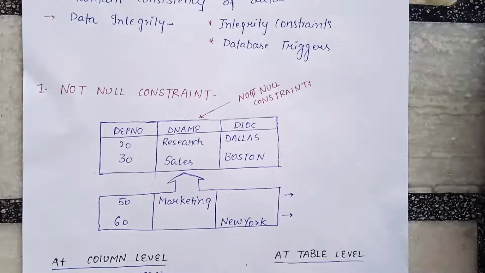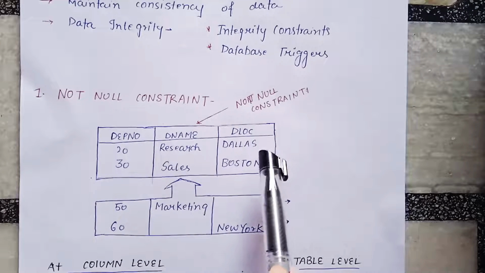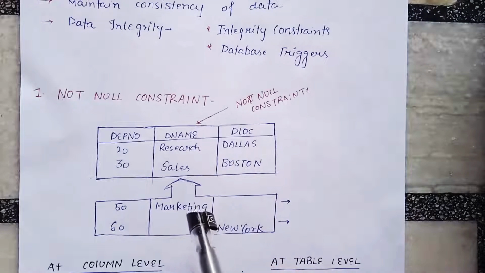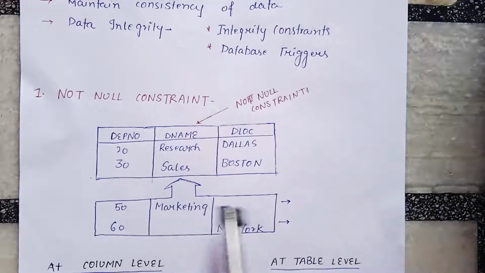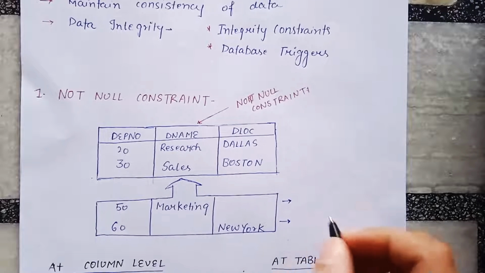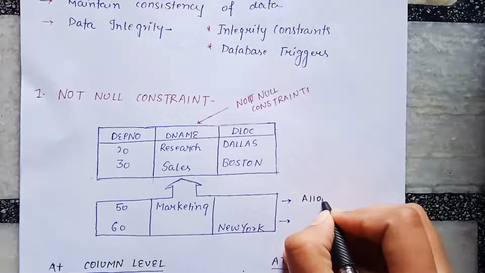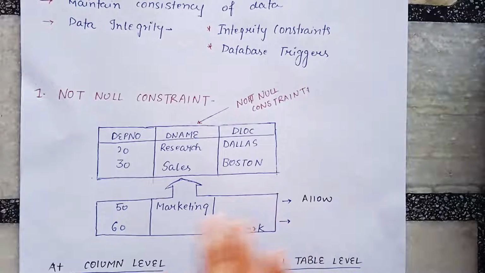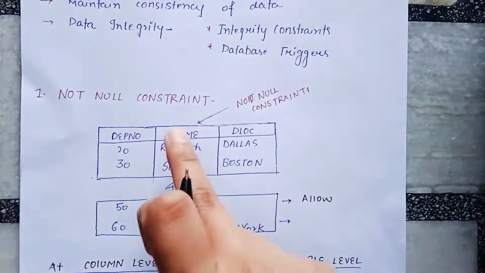If we try to enter this one record in this table, firstly it will check the not null constraint on this column and check whether the value is not null. This record has the value marketing, which means this column is not null, so it will allow this record in the table, no matter what the values in the other columns are. It only works with this column because the not null constraint is provided on this column.